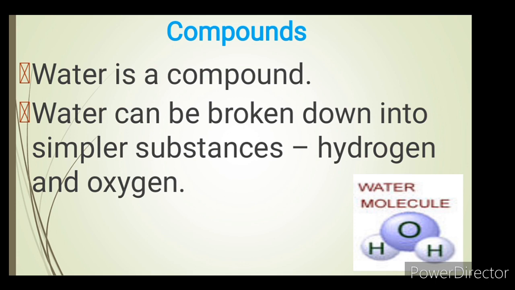You will notice in the example, the water molecule H2O is composed of two hydrogen atoms and one oxygen atom. They are chemically combined together to form H2O. I will give you some examples. Let's find out if they are compounds.